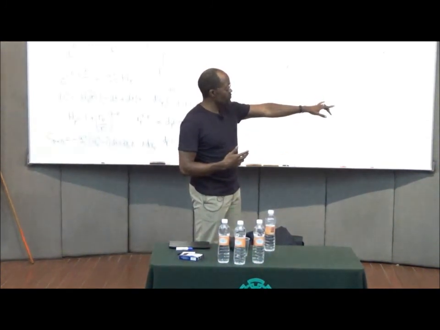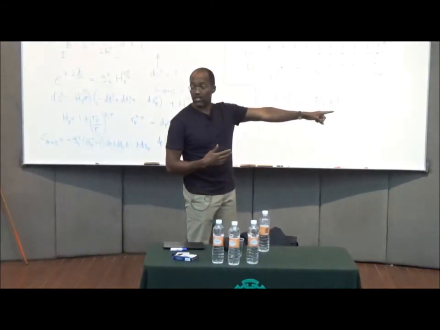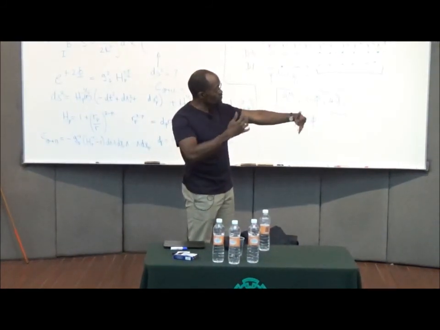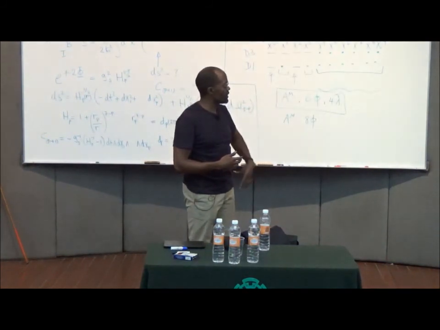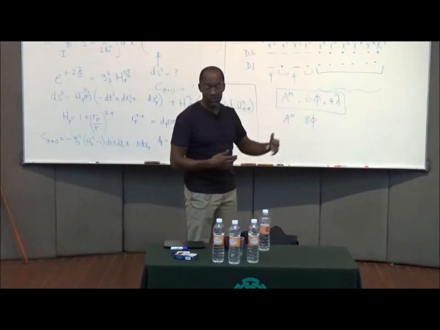There's a whole other sector. I could have created branes that were not BPS states, that were carrying, for example, the wrong Ramond charges, or just not having the right balance between Ramond charge and Neveu-Schwarz charge.